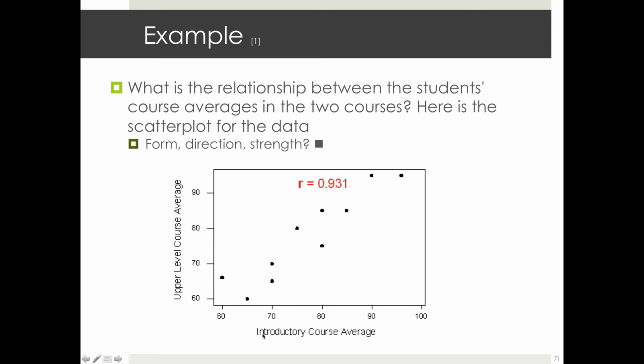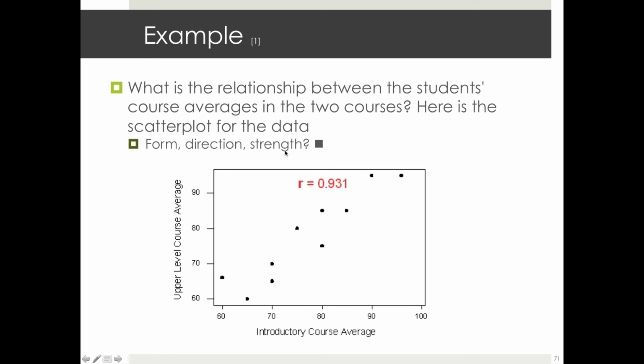So here, as our explanatory variable, we have the average score in the introductory course. And over here as the response variable on the y-axis, we have the average score in the upper level course. So we could say, what is the form, the direction, and the strength here?